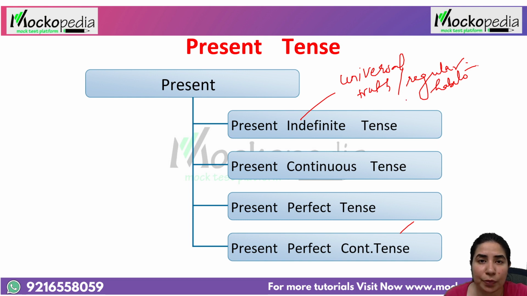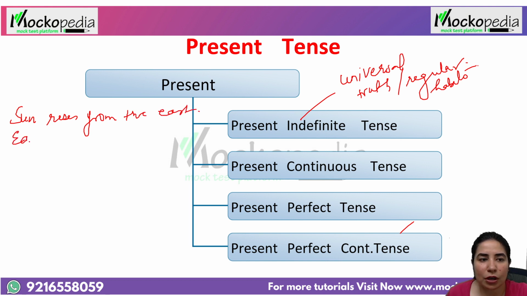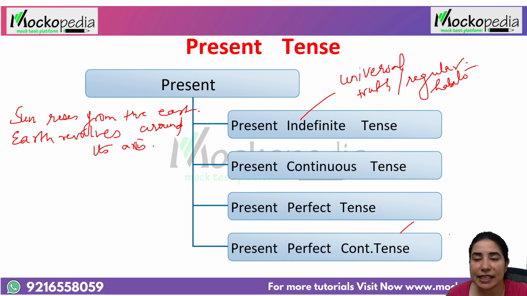Sun rises from the east, right? You can write one or two examples for each usage. Sun rises from the east. So this is what a universal truth, right? Or earth revolves around its axis, right? You can see these examples. Or man is a social animal.